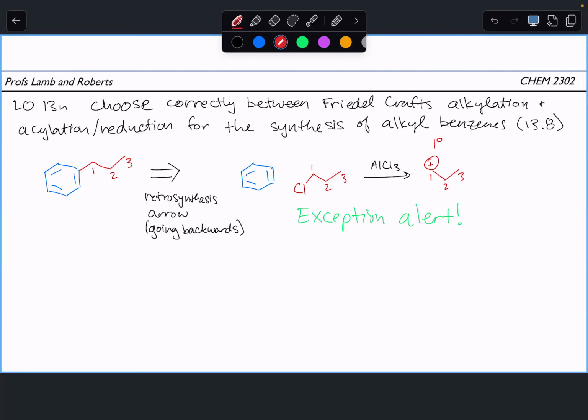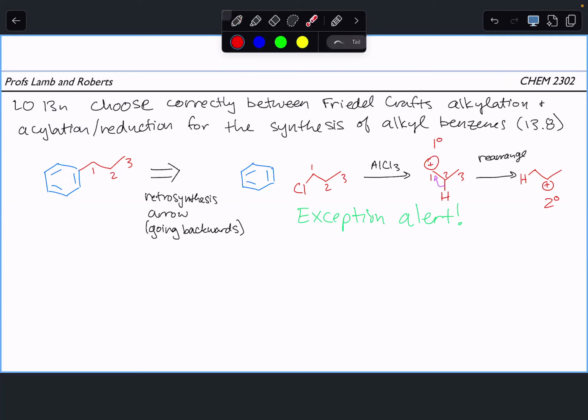It's going to want to do a rearrangement. So this 2 carbon has a hydrogen on it that will want to rearrange to form a secondary carbocation, right? Secondary carbocations are way more stable than primary.